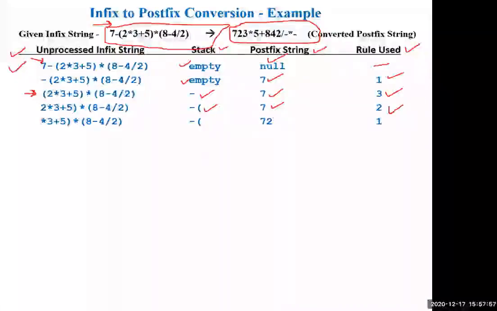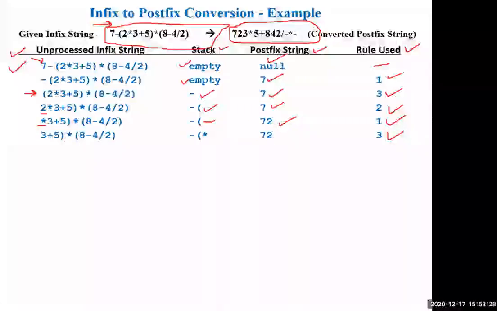Then we have the operand 2. As per rule number 1, when an operand is encountered, we push it to the end of the postfix string. So 2 will be added to the postfix string. Next we have multiply, which should be processed. Multiply is an operator, so rule number 3 says we have to check for an operator inside the stack which can be popped out.